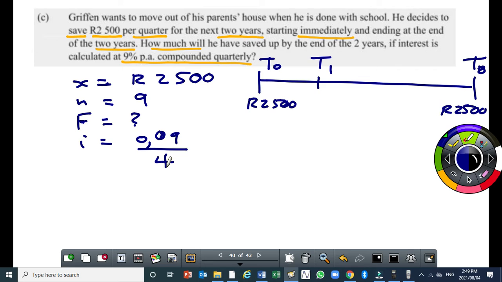It's 2 years times 4, which is 8. Which means we are starting from here up to there, but we have to include T0, because T0 is the day that the paperwork is done and the first deposit is put into that savings account. So that T0 has to be included.